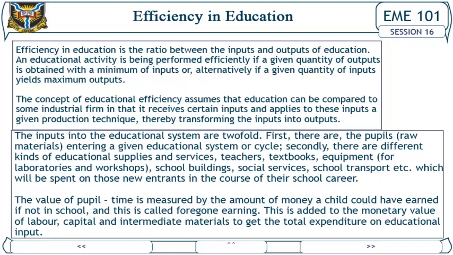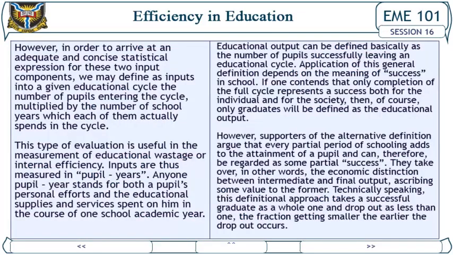expenditure on educational input. However, in order to arrive at an adequate and concise statistical expression for these two input components, we may define as input into a given educational cycle the number of pupils entering the cycle multiplied by the number of school years which each of them actually spent in the cycle.